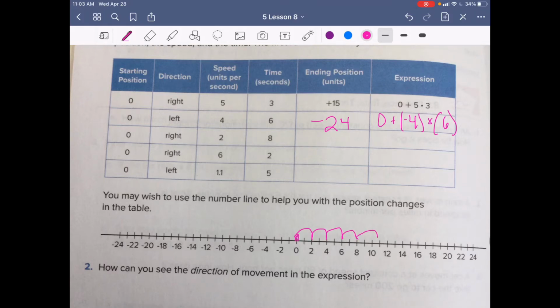Oops, that went a little too long. 6, 7, 8. And we're going to end here at 16. So we started at 0. We went 2 meters each second for 8 seconds. So we would do 2 times 8.